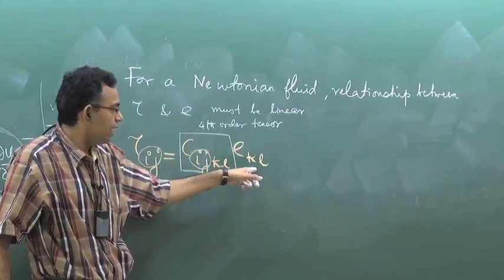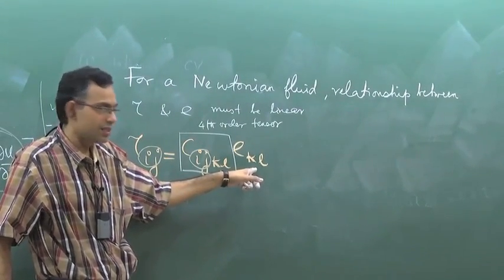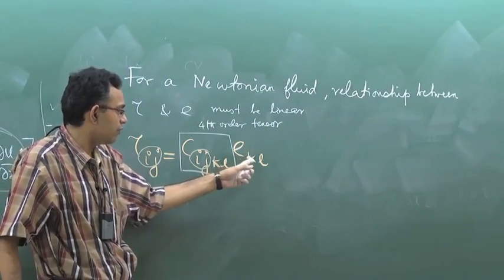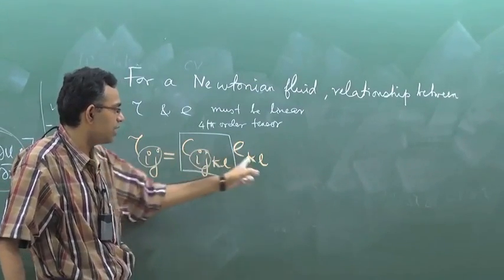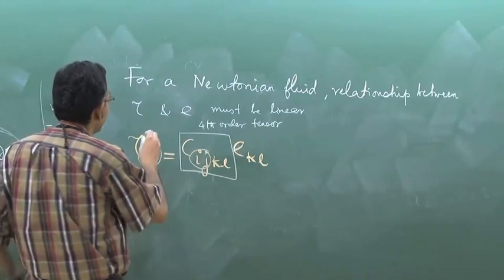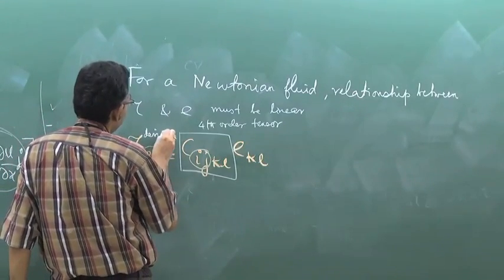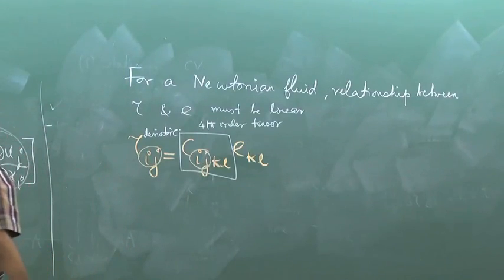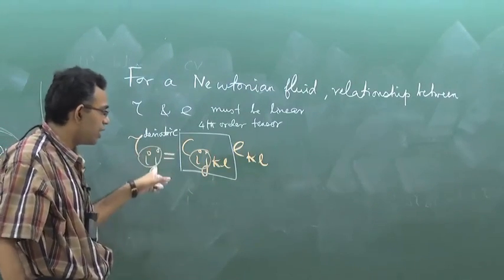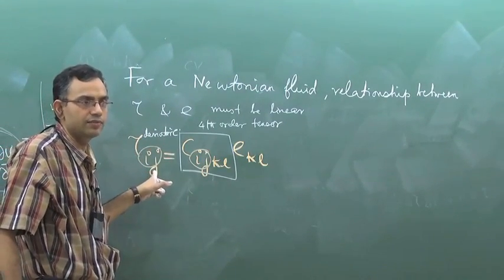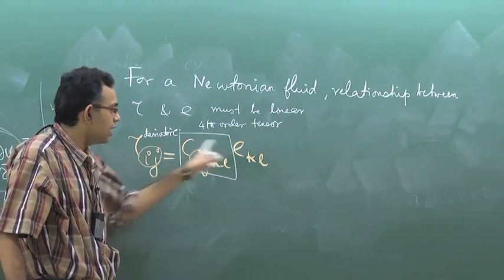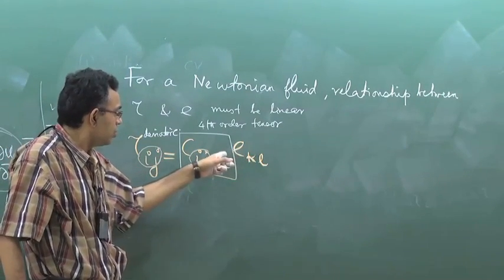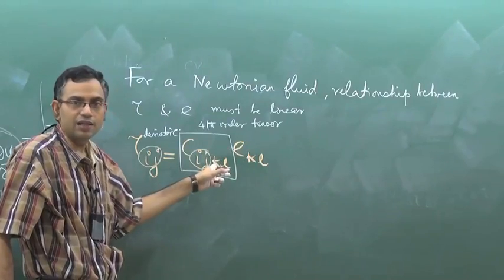Now what does it mean? It means that you can write the rate of the stress in terms of E. This is tau ij deviatoric, you must remember. This is not the total tau. The deviatoric component of the stress is related to the rate of deformation through the fourth order tensor.